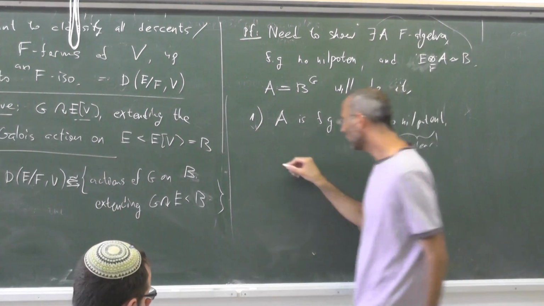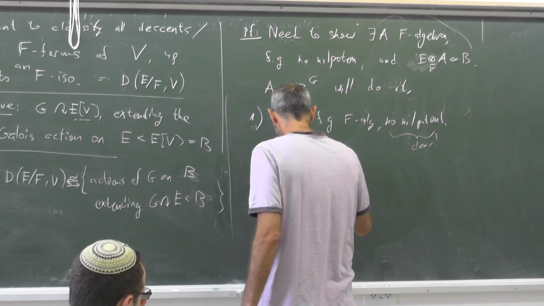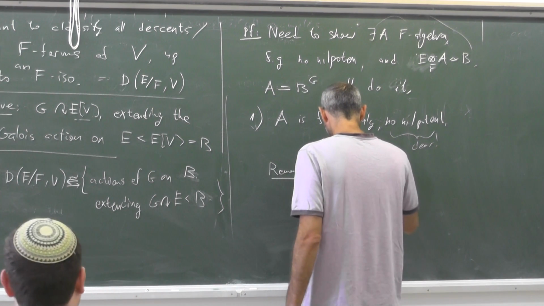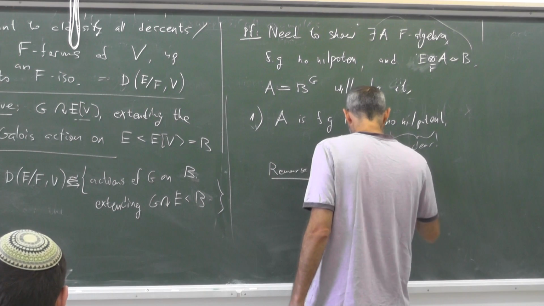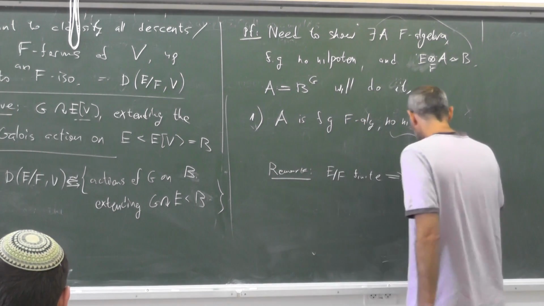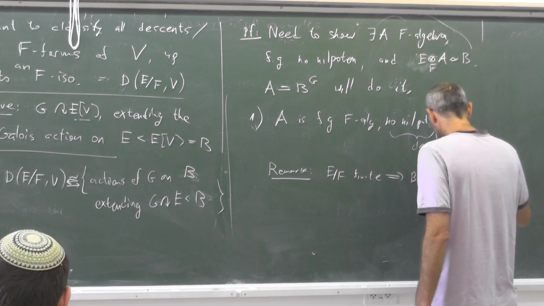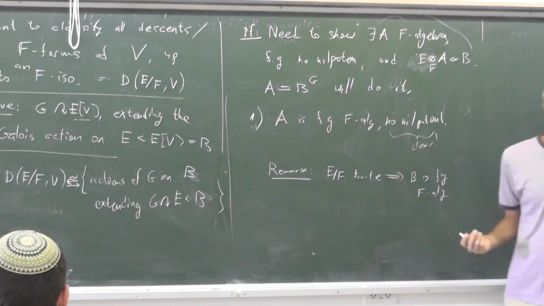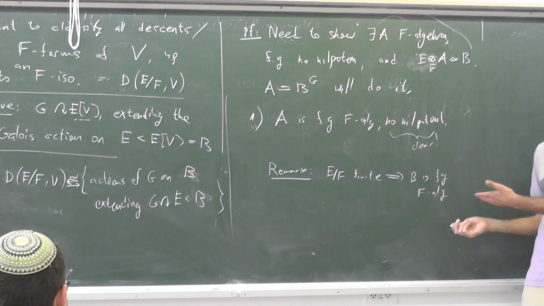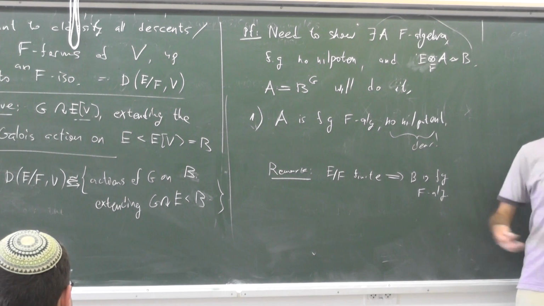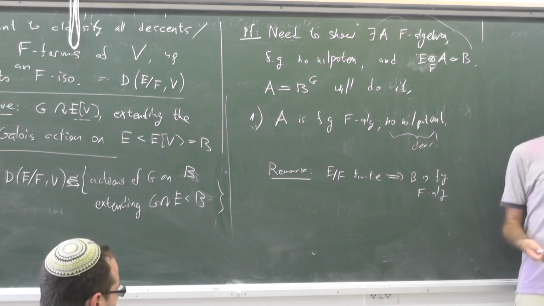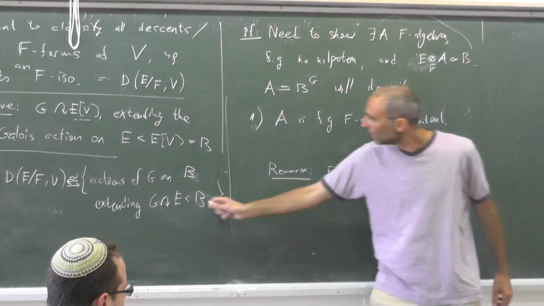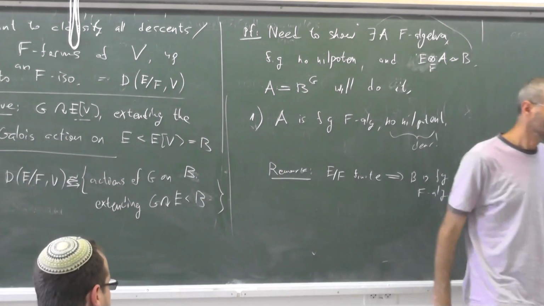Okay, I'll make a remark. E over F finite implies that B is a finitely generated F algebra, right? Because B is finitely generated as an E algebra, so add some generators of E over F to those, and you have it.